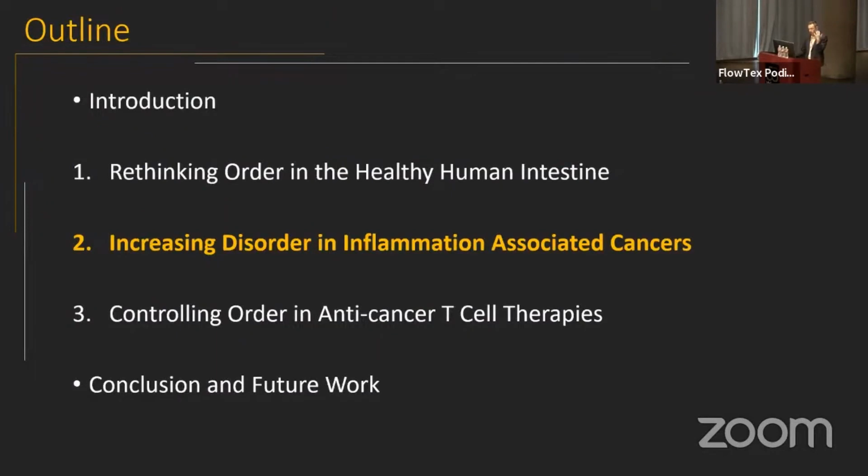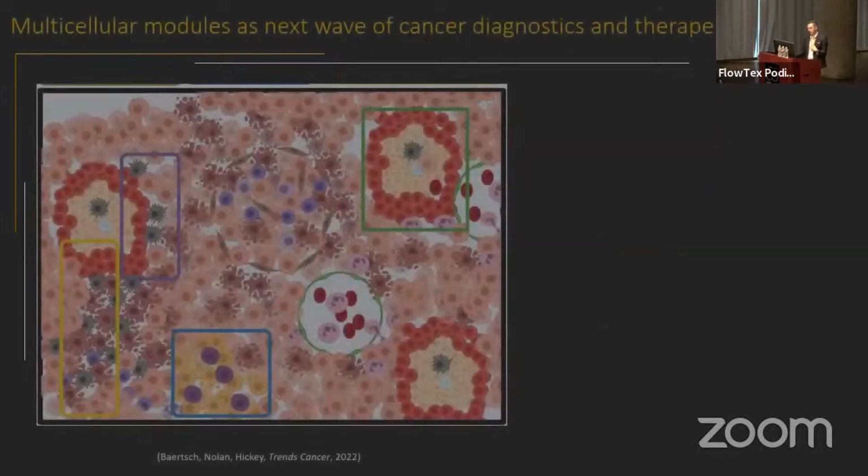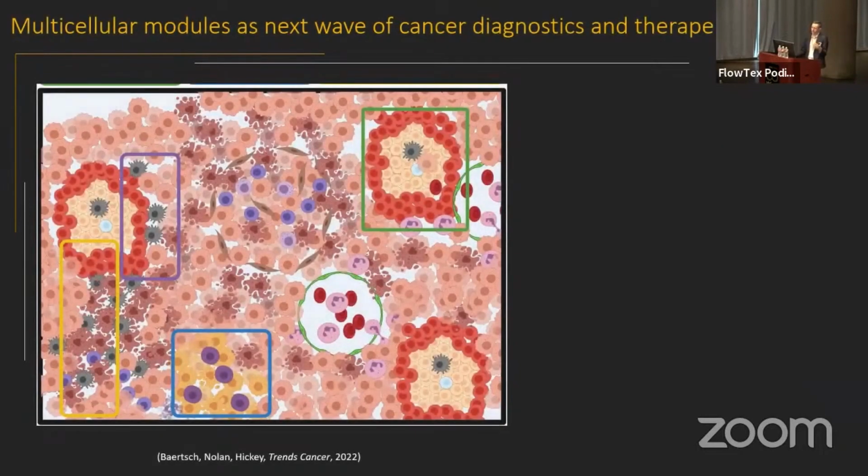Okay, so now that was looking at healthy tissue. Now we're going to transition into a cancerous tissue. So I think this is really important because the spatial aspect presents a new opportunity, and one for potentially diagnostics.